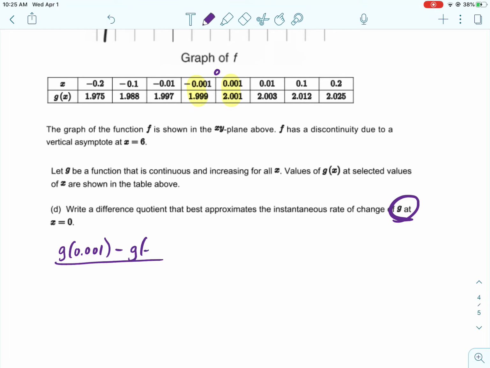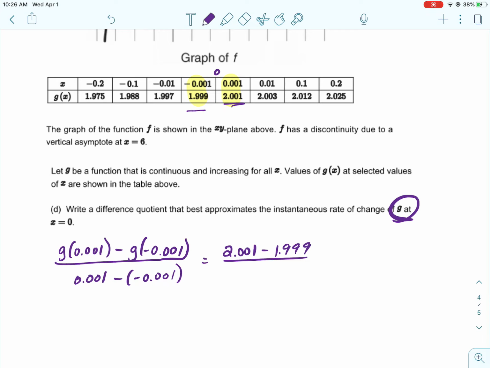So the one I decided on was that one, and so I just went ahead and said G of the point on the right minus G of the point directly on the left, over those two subtracted from each other. So it's basically the slope formula.